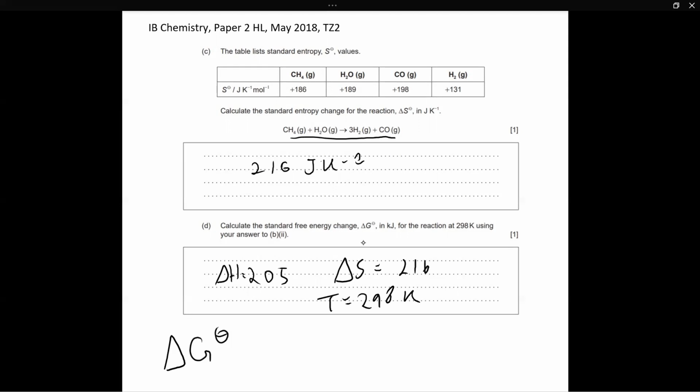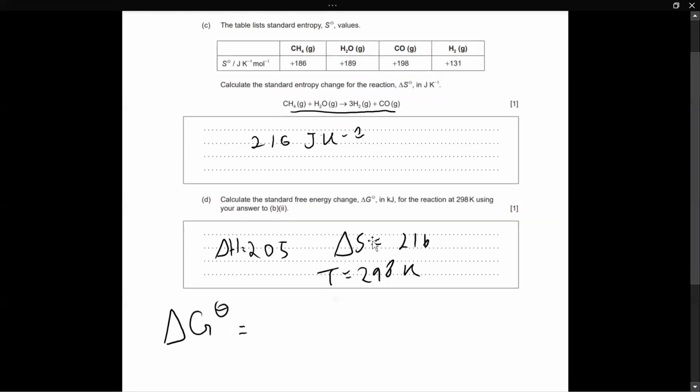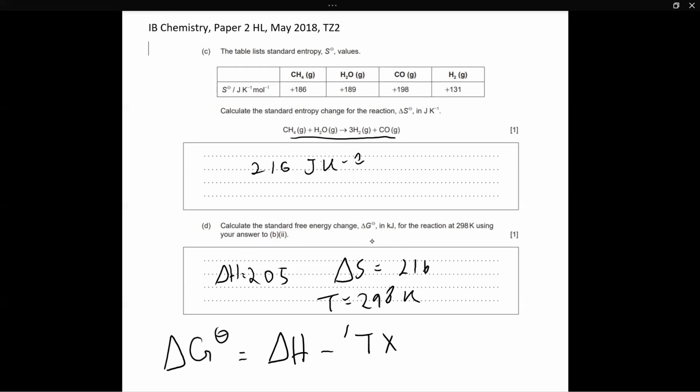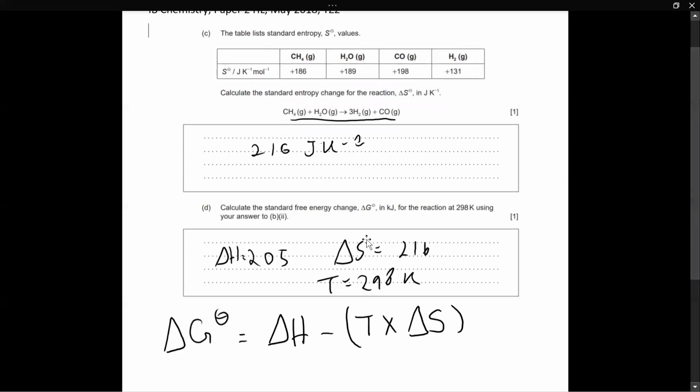And remember, for this formula, we need temperature in Kelvin. Now, what is the formula to calculate change in Gibbs free energy? Let's get to that. The formula is very simple. I'm sure that this formula is available in the data booklet, but I would highly recommend you memorize it. It's very small, very simple. In order to calculate standard free energy change using these values that I have written over here, the formula is enthalpy change minus temperature times delta S, which is change in entropy.